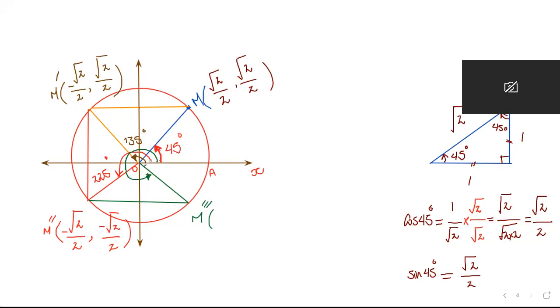That's right, because 360 minus 45 gives 315 degrees. Then the cosine, x remains the same, but y has just changed the sign.